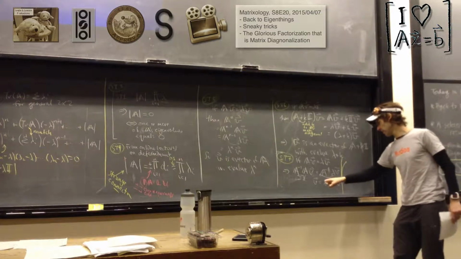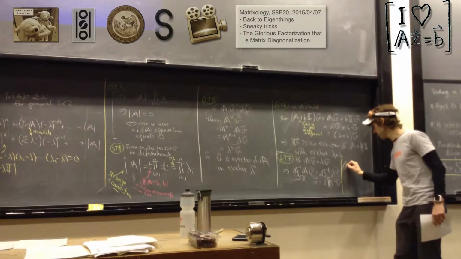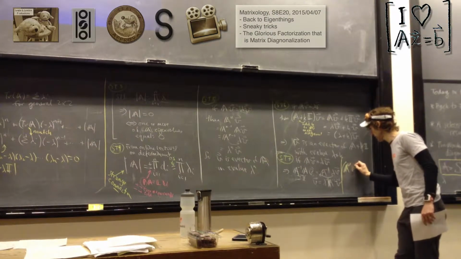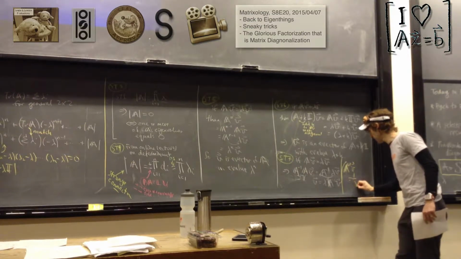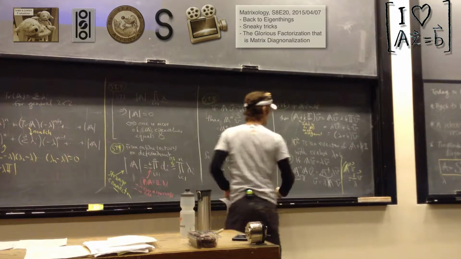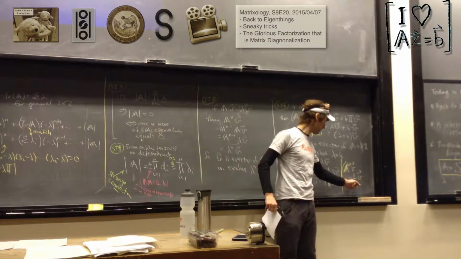I'm going to put this guy on the left-hand side: A to the minus 1 times v equals 1 over lambda times v. So if you want any kind of eigenvalue equation, it has to be matrix times a vector equals some number times a vector.